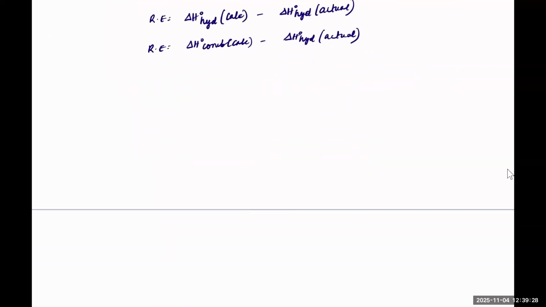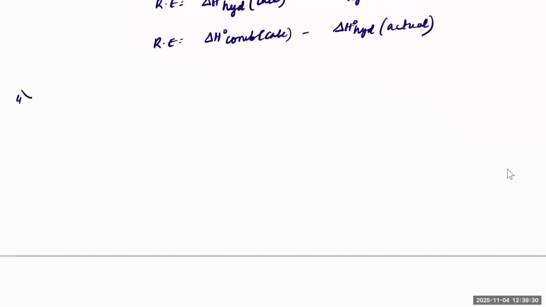Next. The fourth application is about Kirchhoff's law. Kirchhoff's law is basically enthalpy calculation at two different temperatures.